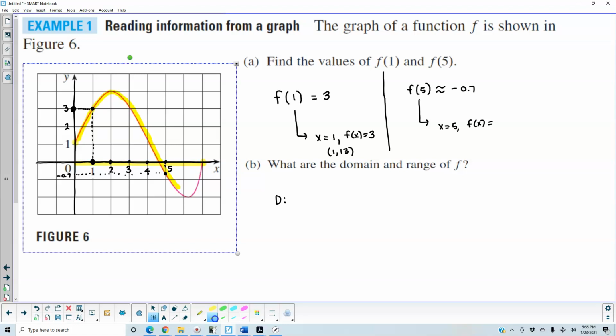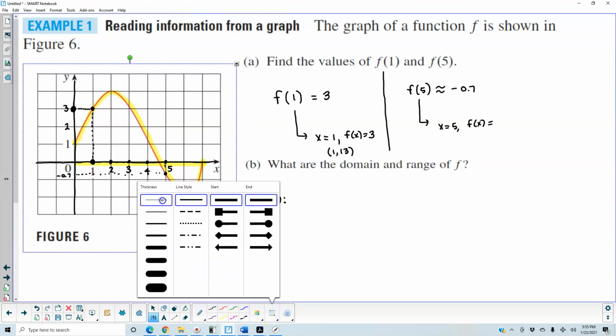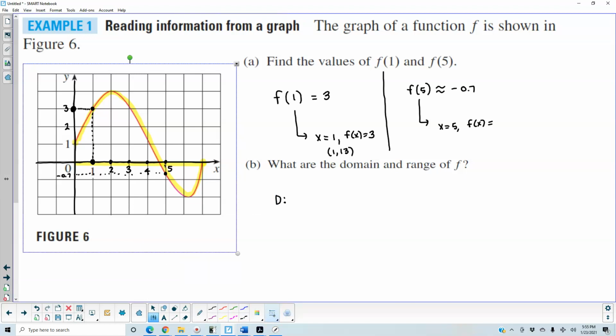It starts at 0 and ends at 7. So we can say the domain is x such that x is between and including the values of 0 to 7, or in interval notation, bracket 0, 7 with a bracket.